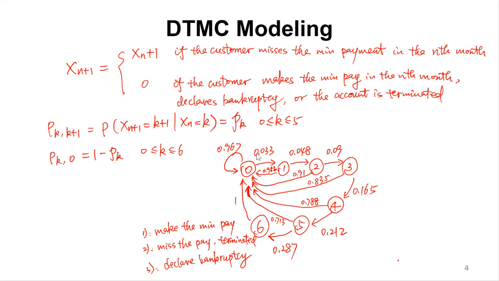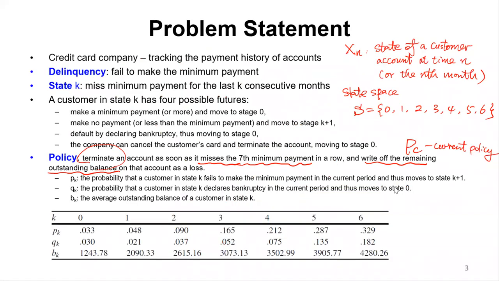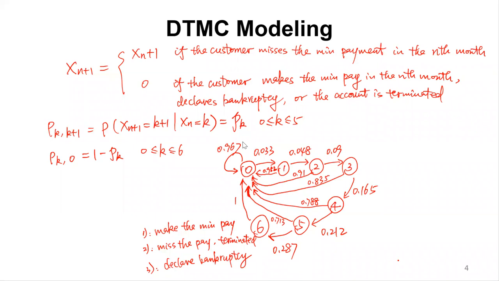Making the minimum payment or more becomes 0. Bankruptcy becomes 0. A terminated account becomes 0. So 0 under these 3 conditions.